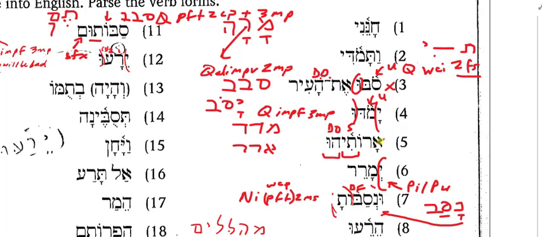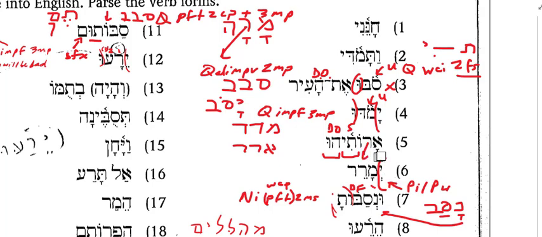But anyhow, what's going on here? This should have been a pathach and a doubling dot indicating two reshes. But resh is a guttural, and gutturals don't take a dagesh. So when it rejects the dagesh, the preceding short pathach does what? It lengthens compensatorily, and that's why we have a long A. Okay?